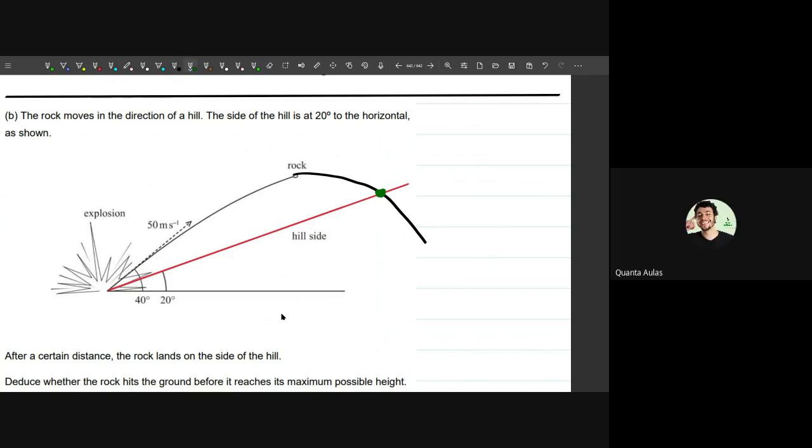I don't know if this is the easiest way, because we are looking at this problem in X and Y, but I can try the problem in X and T. But this problem is not X and T, because this hill is a different situation.